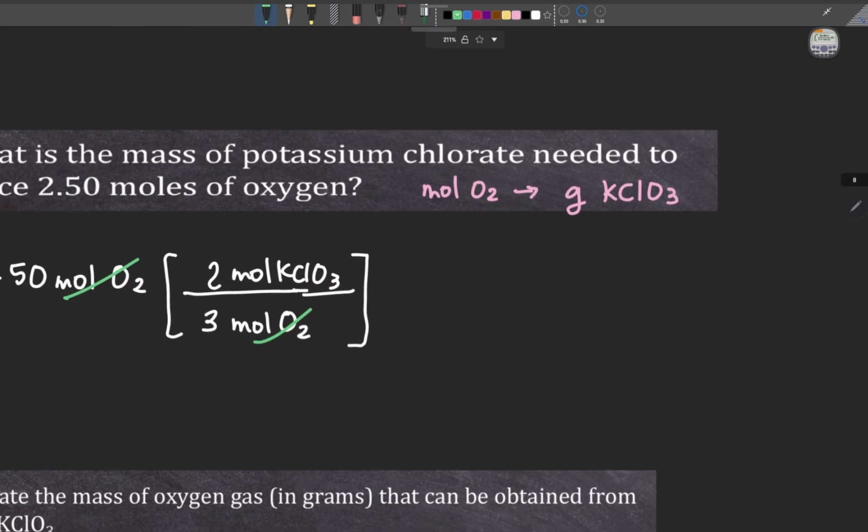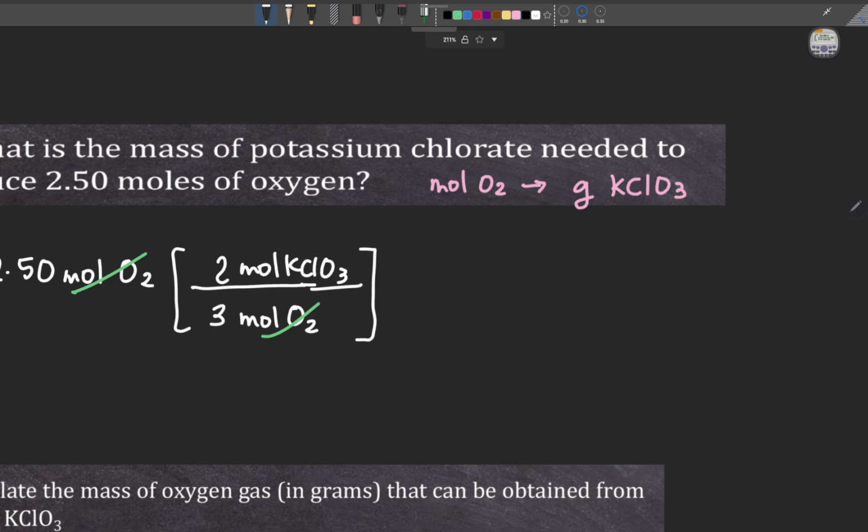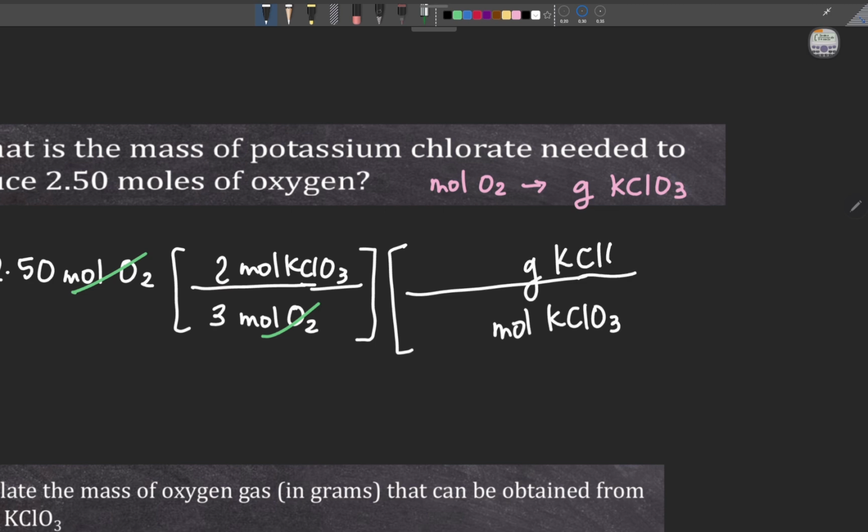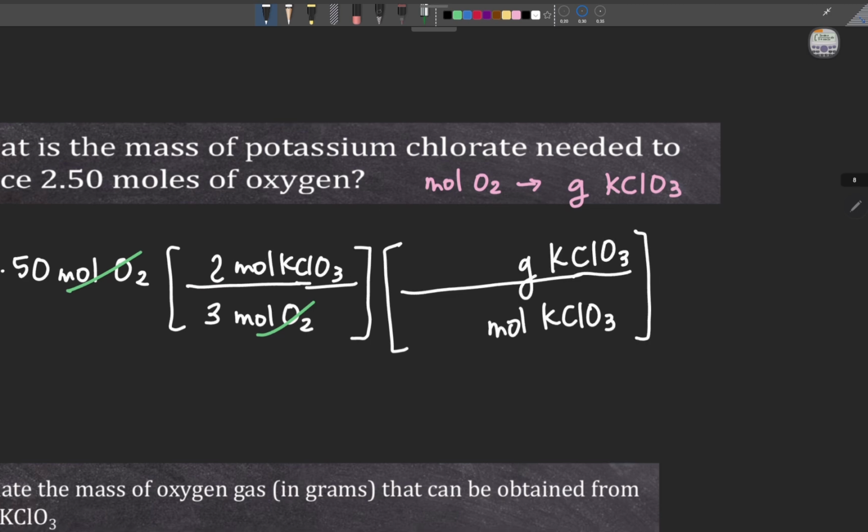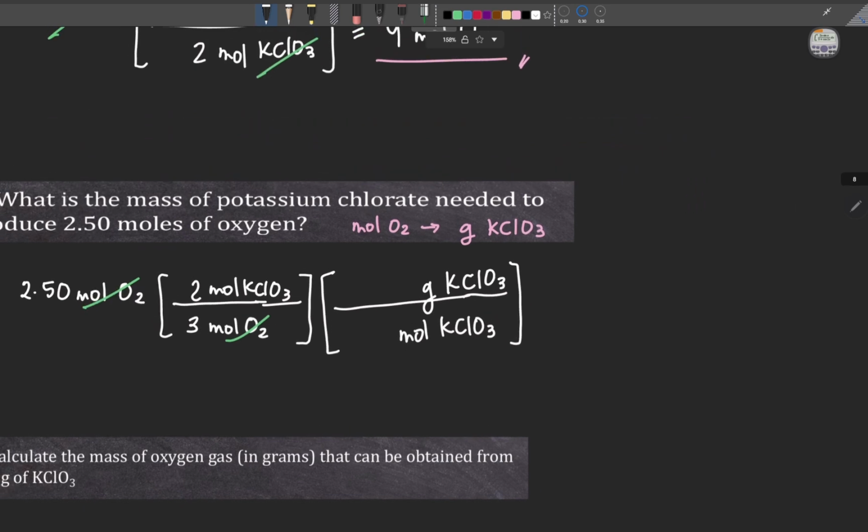Then we have to convert the moles of KClO3 to grams. So we need moles of KClO3 to grams of KClO3. Gram to mole, so we need the molar mass. So we get first the molar mass. O3 will be 3 times 16. Chlorine is 35.